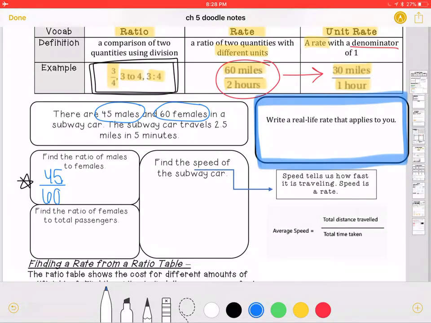Now, whenever you write a ratio, you want to make sure you're simplifying if you can. So go ahead and simplify this fraction. And in simplest form, so you might take multiple steps to get here, but in simplest form, you should get 3 over 5.